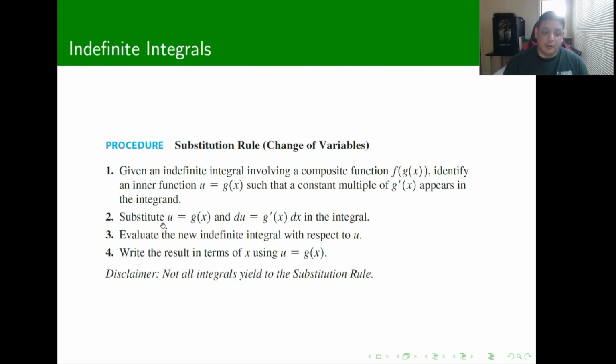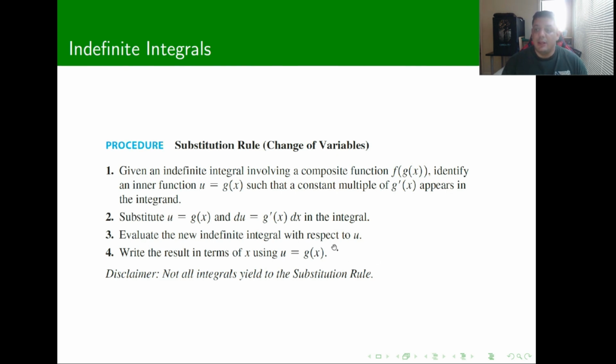We substitute u equals g of x and du equals g prime of x dx in the integral, and we evaluate the new indefinite integral with respect to u. Then at the end, when everything is said and done, we write everything again in terms of x by replacing u by g of x.